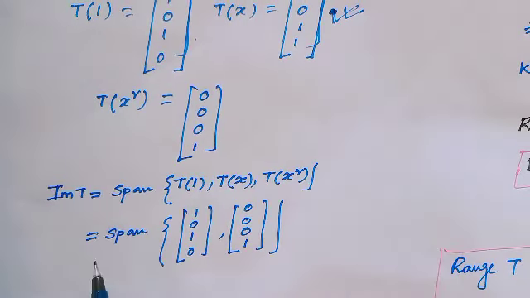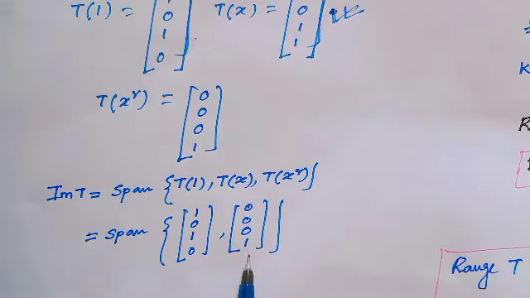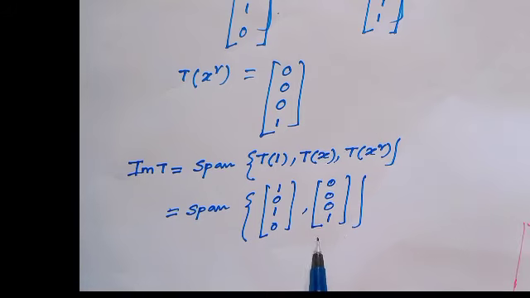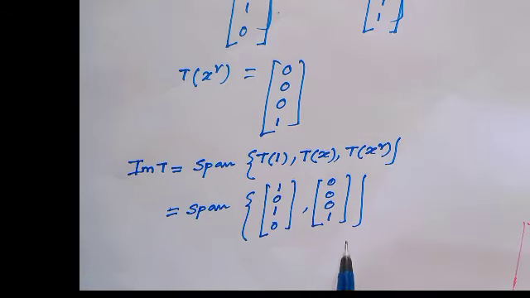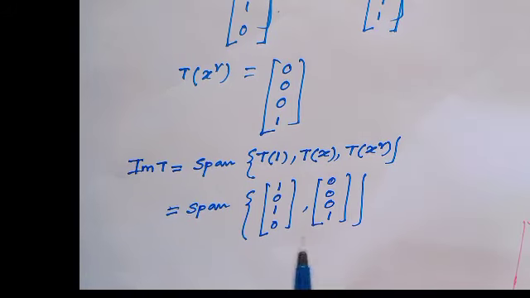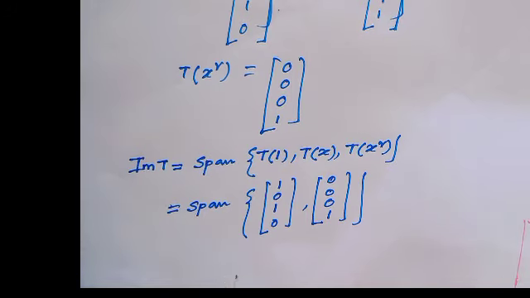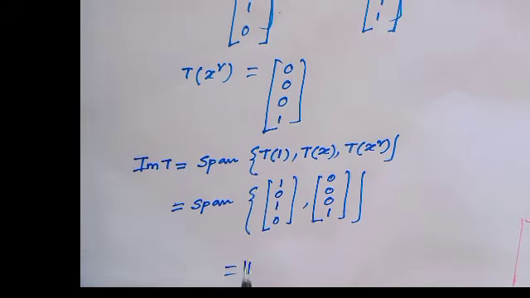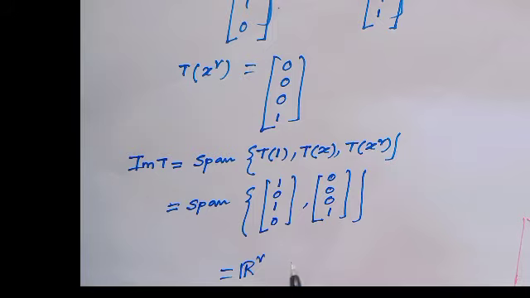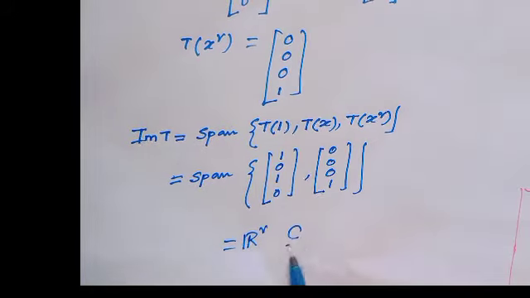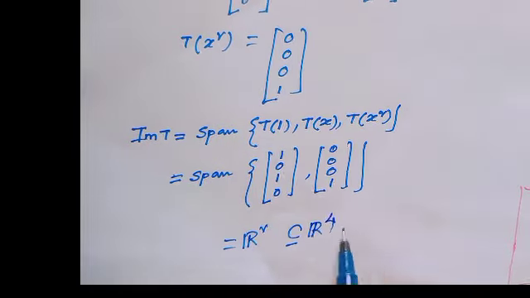Therefore the image of T is the span of these two linearly independent vectors (1,0,1,0) and (0,0,0,1). Since these two vectors are linearly independent, the image of T spans R², and this is a subspace of R⁴.